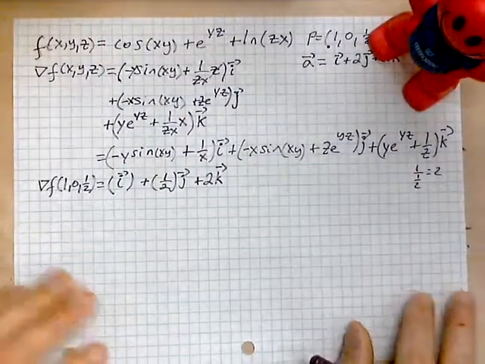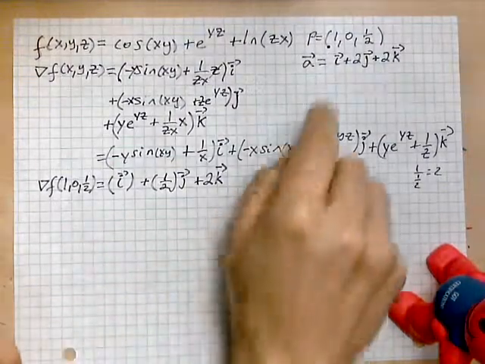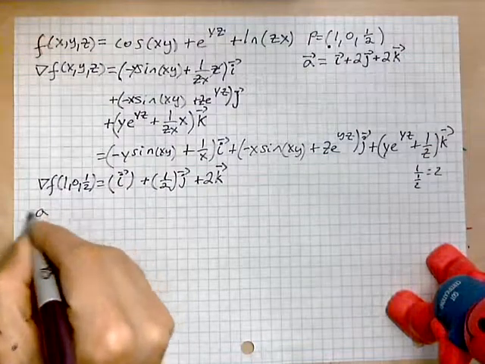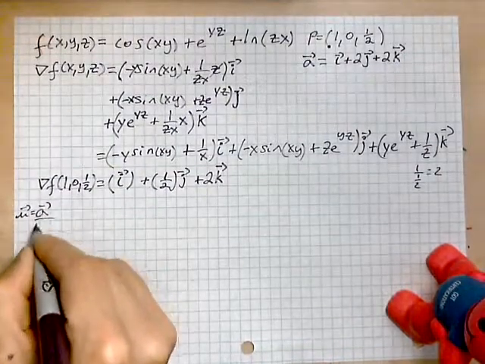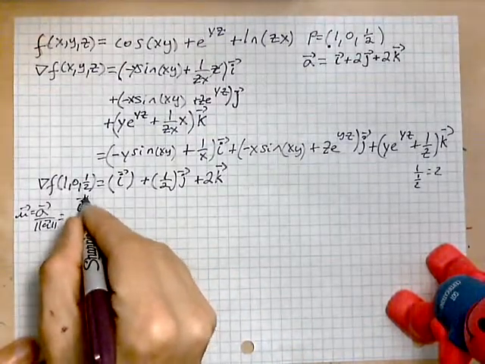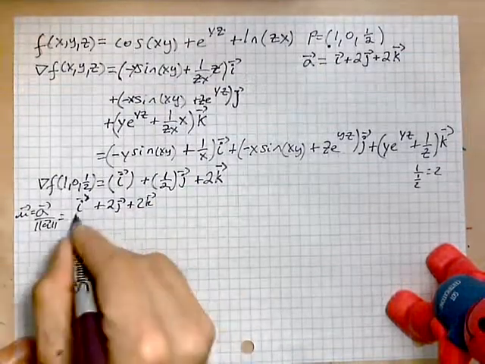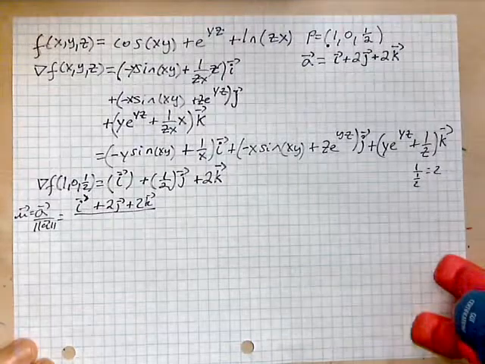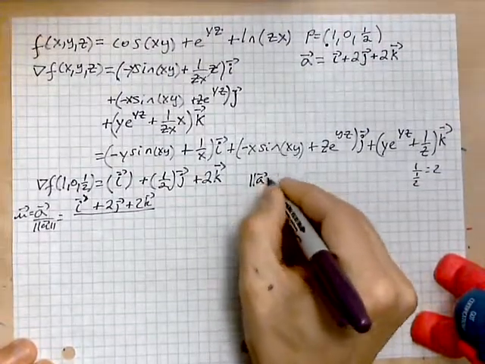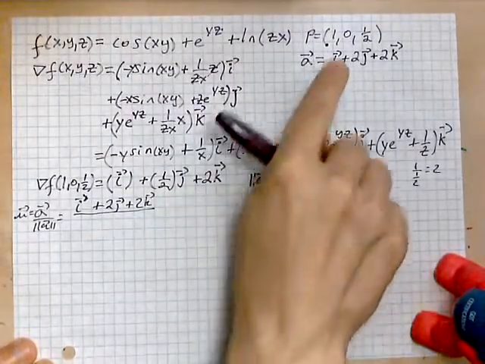Okay, so with this in place, the next move is you've got to find the gradient vector, which we've done. Then you've got to find the unit vector in the direction of a. So u equals a divided by its magnitude. So you've got i plus 2j plus 2k divided by the length of that vector. How do we find it? You apply the Pythagorean theorem on the components of a.